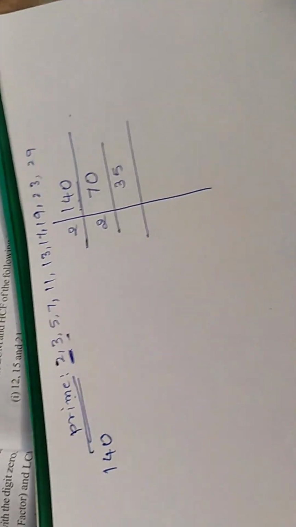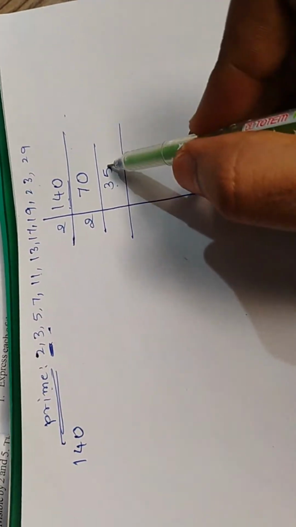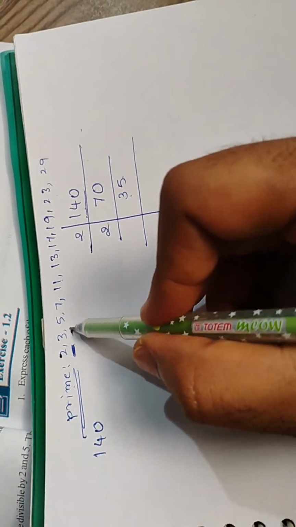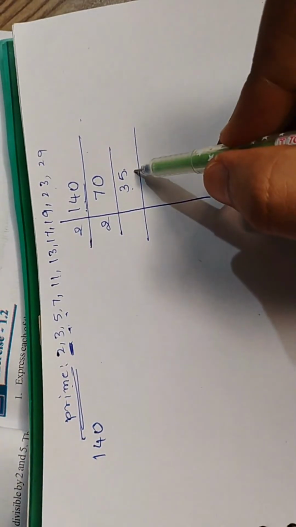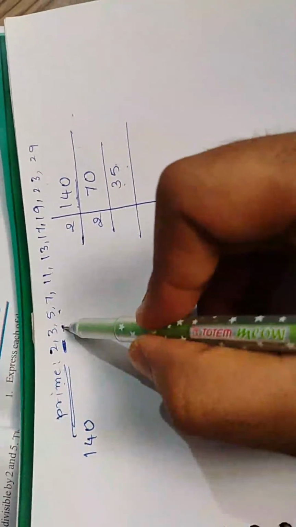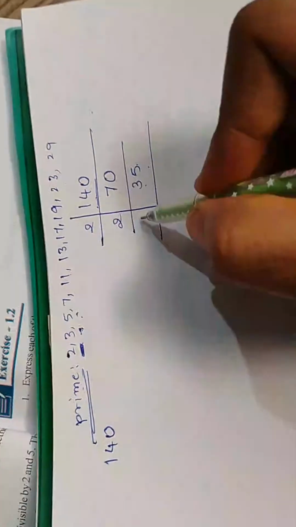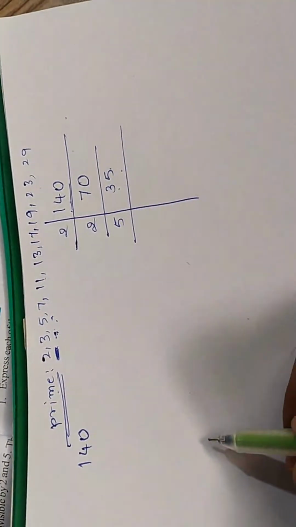Now look at 35, it's not divisible by 2 and 3. Then you have to go to the next prime number, that is 5. 35 అనేది 2 and 3 తో divisible కాదు. అప్పుడు మనం ఏం చేయాలి, నెక్స్ట్ ప్రైమ్ నెంబర్ ఏది ఉంది 5. So we have to go with the 5.